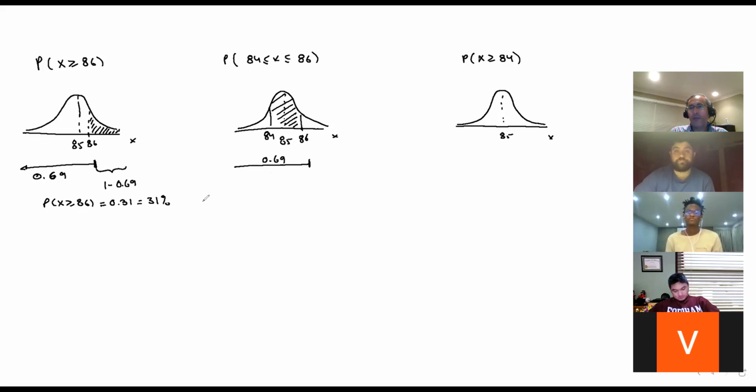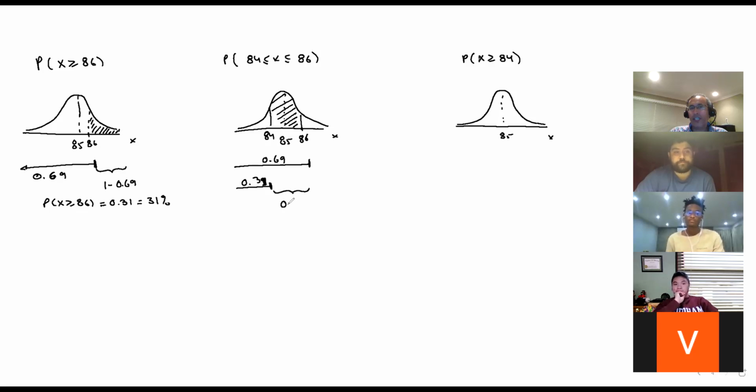Agree with me? Also, we know that from minus infinity up to 84, this is equal to 0.31. So basically, this region here is equal to what? 0.383.